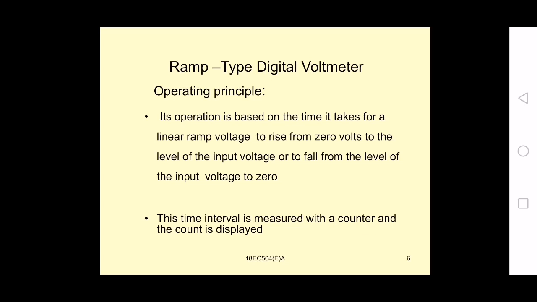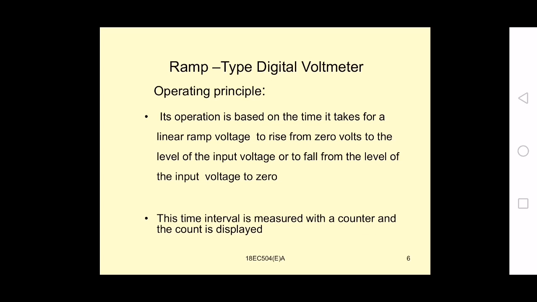This time interval is measured with a counter, and the count is displayed. A counter is a digital instrument which counts the number of pulses during the period in which the ramp goes from 0 level to the input voltage level, or from the input voltage level to the ground. You can go for either positive slope or negative slope. So that is the operating principle.